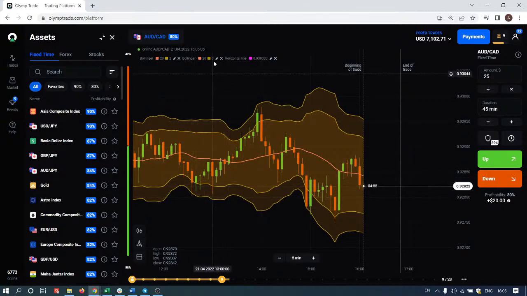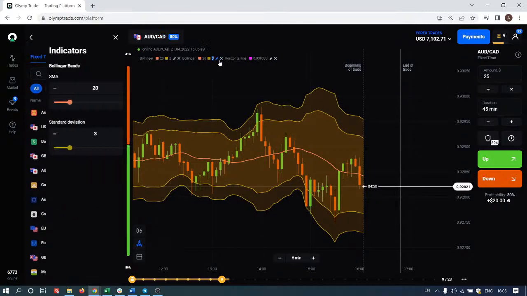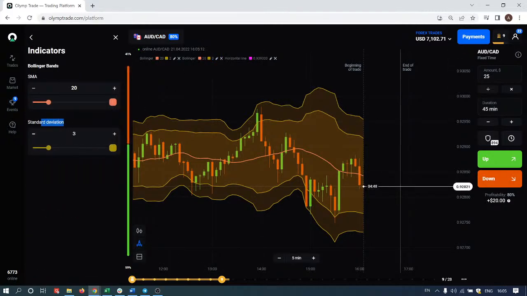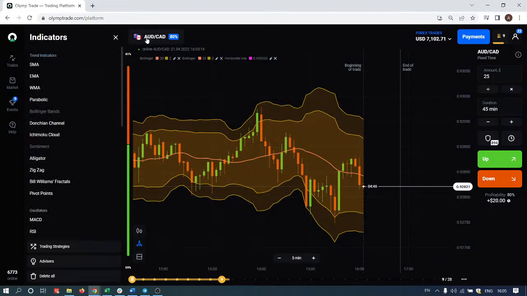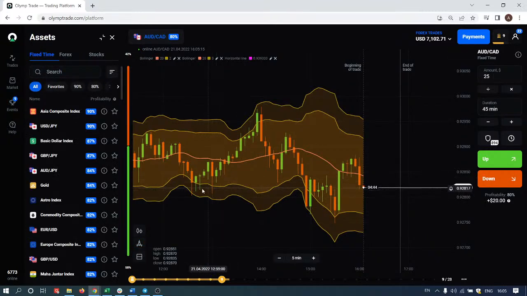second Bollinger with the deviation of 3. If you click here, you have the standard deviation of 3. When the price of the chart drops all the way, or goes up all the way, very close to the second Bollinger, the slow one, so we have the fast one and we have the slow one.